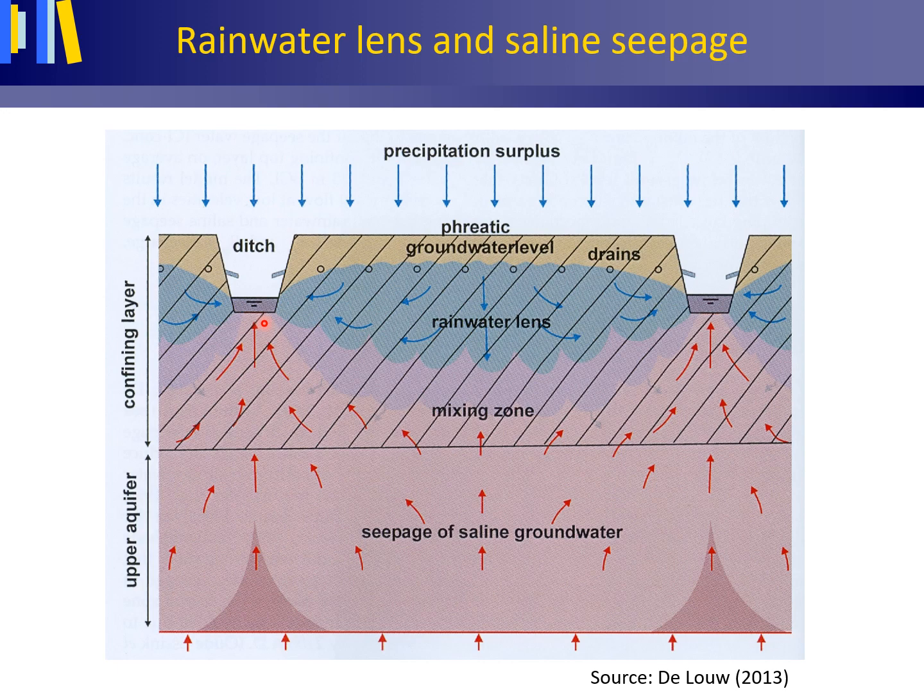A problem, this upward seepage of saline groundwater, that may be further enhanced by future sea level rise, as this will cause an increase in this upward seepage into our polders.